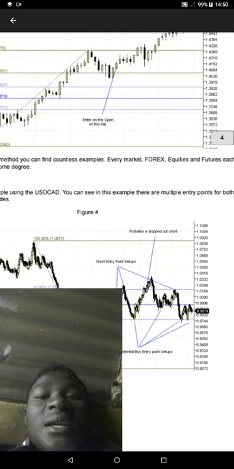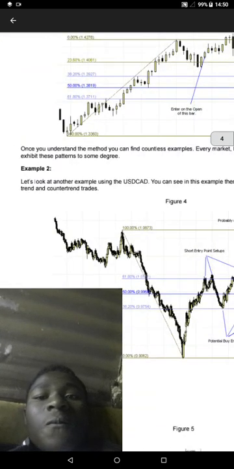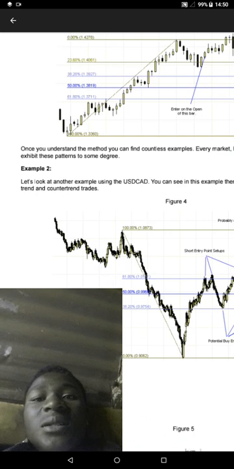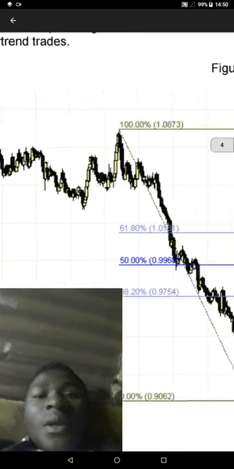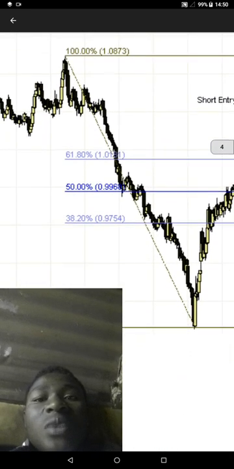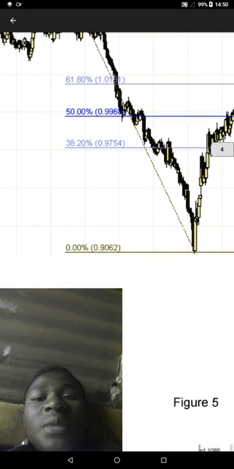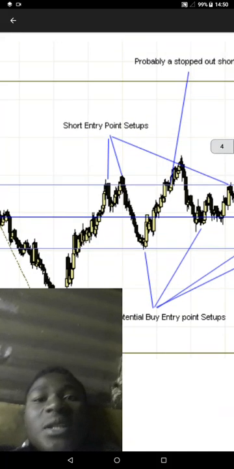You can see in the example there are multiple entry points for both trending and countertrend trades. Here, guys, as you can see, we have 100%, 61.80%, 50%, and 38.20%, and then we have 0%.